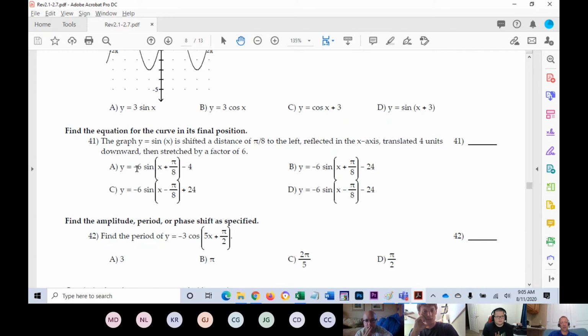Given that this is multiple choice, it's going to be A or B. Already we know that. Reflected about the x-axis. If it's reflected, it's going to be the minus. Translated 4 units downward. That looks like we got it right there. And then stretched by a factor of 6. That's got to be A.